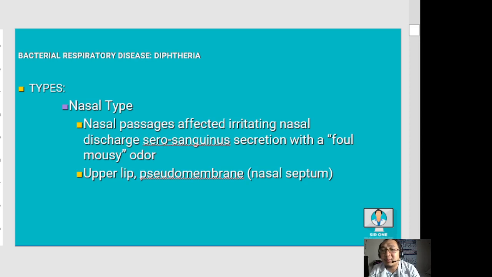The upper lip is affected by the presence of the pseudomembrane, and this is the pathognomonic sign of diphtheria. Again, this is the nasal type: the infection is in the nasal part, with a serosanguinous nasal discharge and a foul mousy odor.